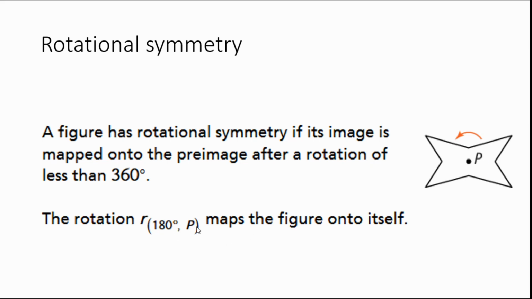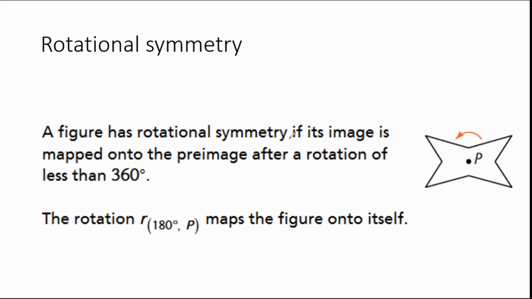So find P, that's where we're going to be rotating it around, and we're going to turn it 180 degrees. That means this point would go here, this point would come here, and so on, and that would map it onto itself.